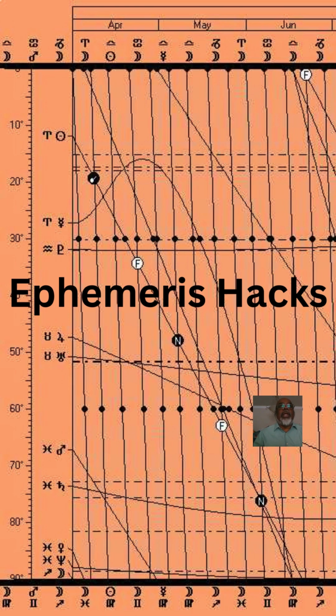Now, another thing, a beautiful tool, and if you have any lack of understanding of what I'm referring to, there's my older video. I have one out. It should be referenced at the end of this video, where you can look at tools for midpoints. And this is the graphic ephemeris, which is very good for visual learners. This is something you can ascertain quickly by looking at and studying it.